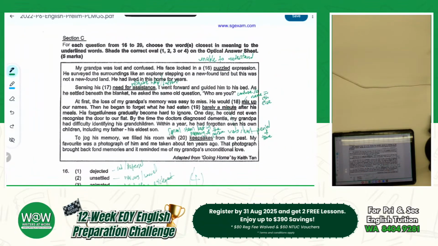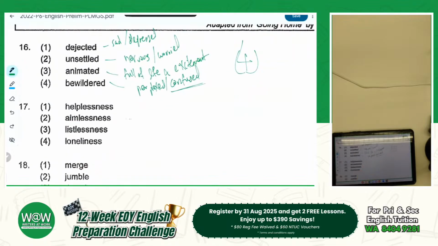Now, if we look at number 17, the need for assistance, that means someone needs help, right? So looking at our options, number 1 is helplessness. Okay, which suggests that you have the inability to act or defend oneself. Okay, next is the word aimlessness. So aimlessness here means without clear purpose or direction.